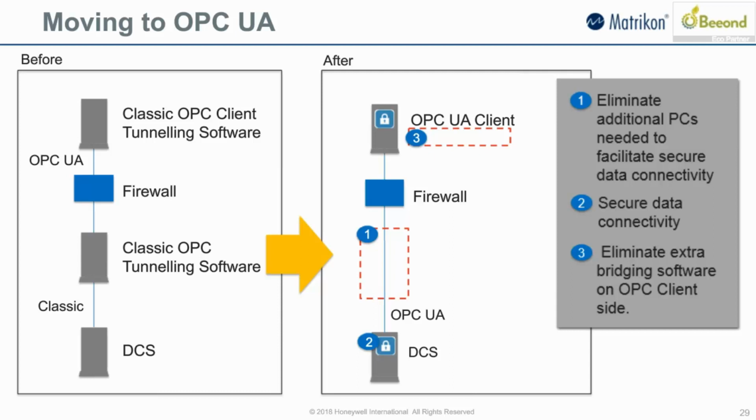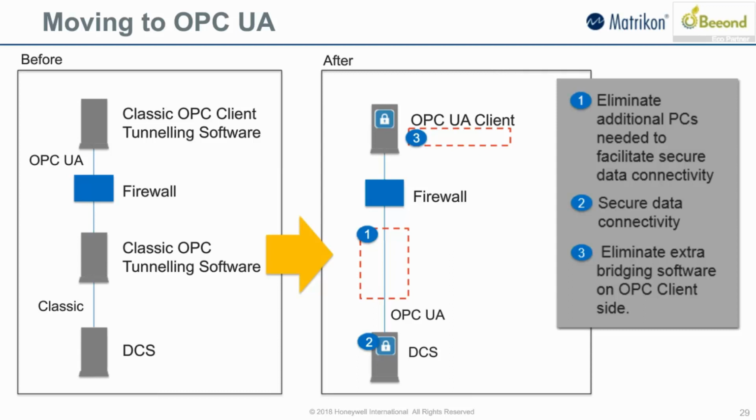You also remove the extra needed servers, and it's platform neutral or independent. So whether you want to run that across Windows or Linux or Mac OS, whatever operating system you want is available to you.